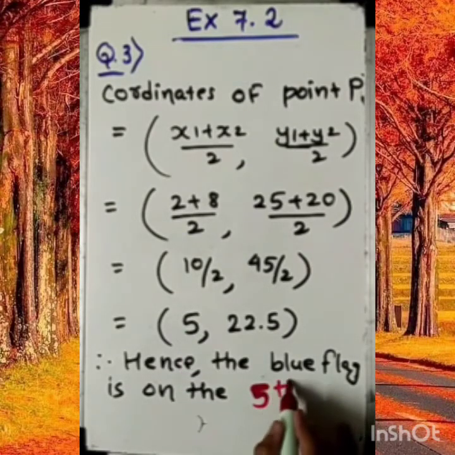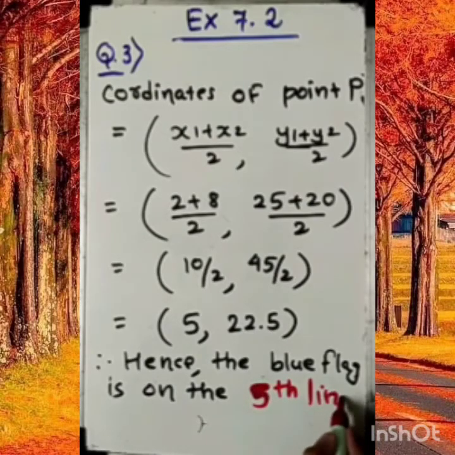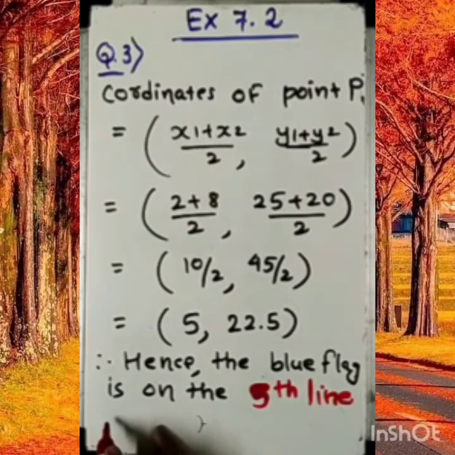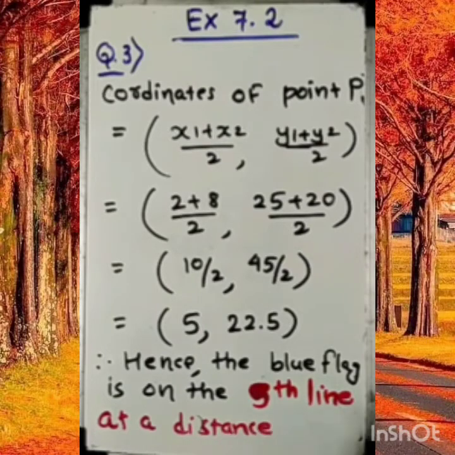So it must lie on the fifth line, at a distance of 22.5 meter above it. This is the complete solution of question number 3. Clear?